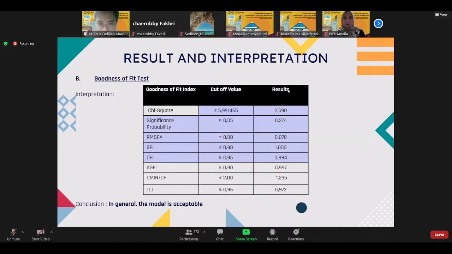For example, significance probability greater than 0.05, GFI greater than 0.9, etc. So you can conclude that in general the model is acceptable.